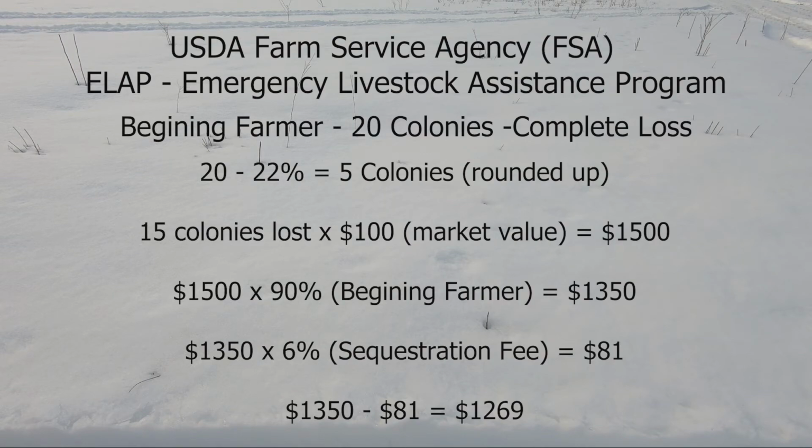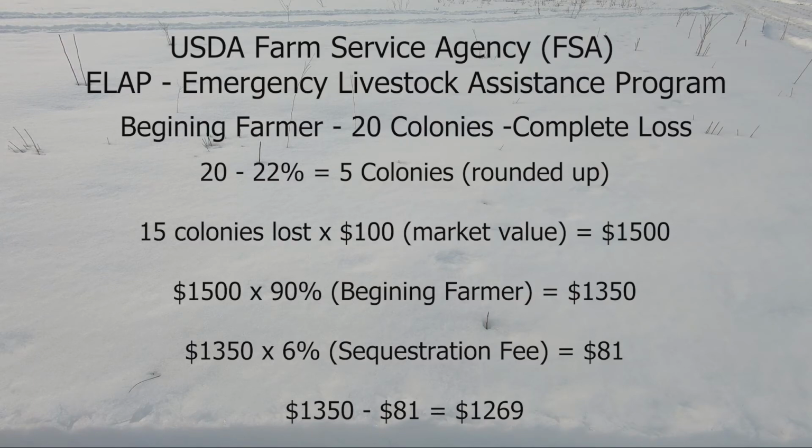So subtract that from your 1,350 and there you are, $1,269 that you will be receiving in order to rebuild your apiary. Hey, that's better than just having a bunch of dead bees in a hive, right? So that's how that figures out.